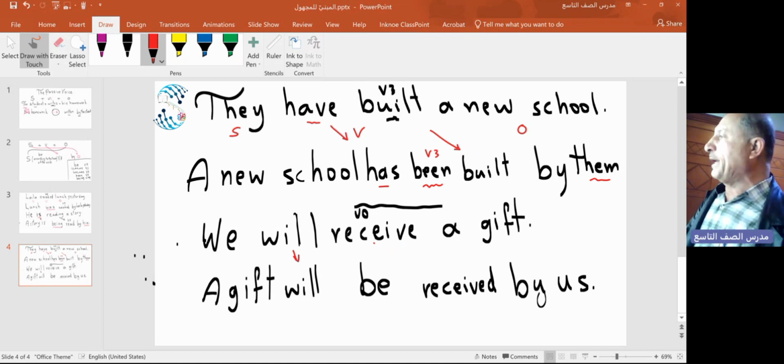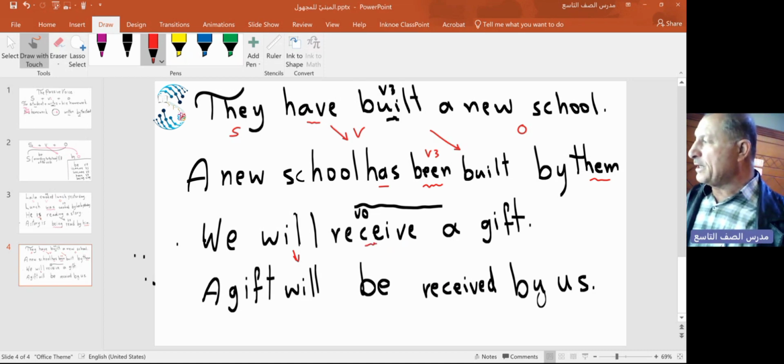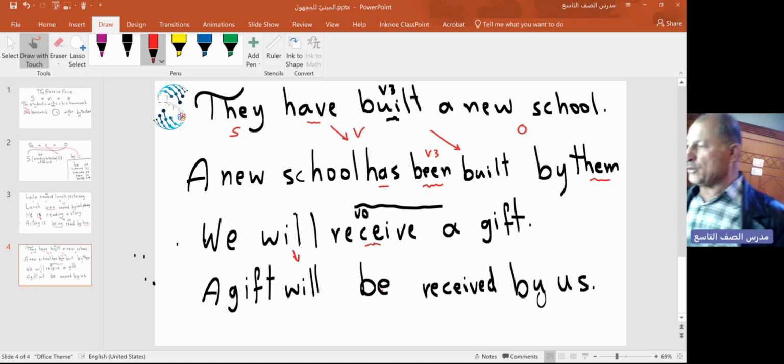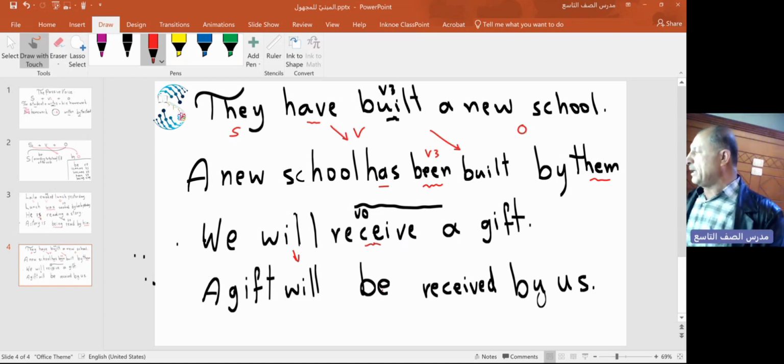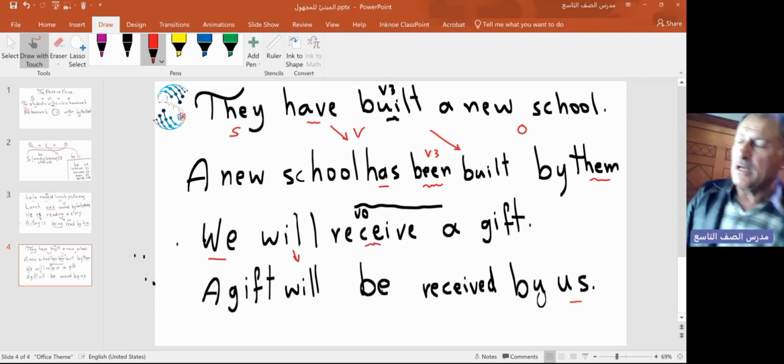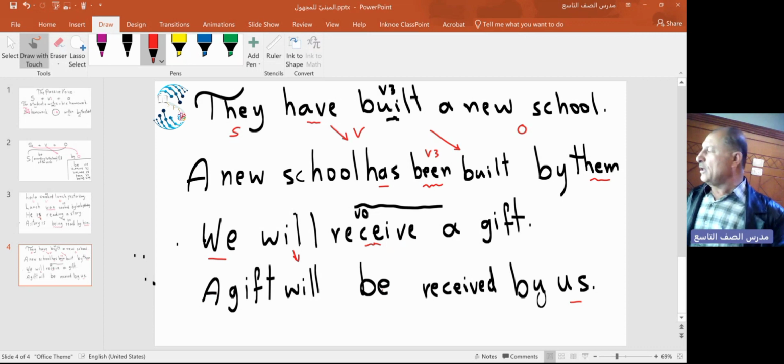So a gift will, and the verb 0 here is replaced by be in verb 0. A gift will be received by us. We is in the subjective case; we replace it with us, which is in the objective case.